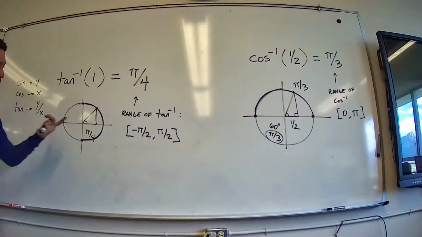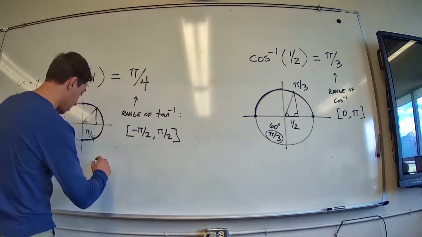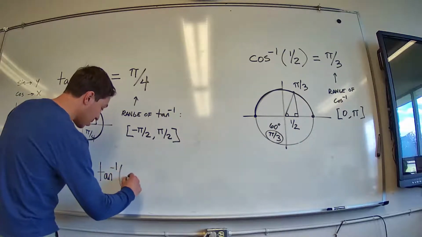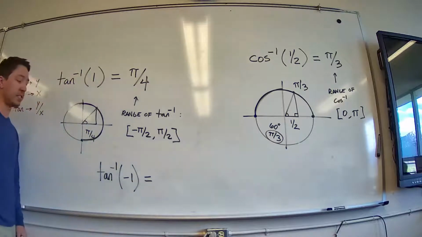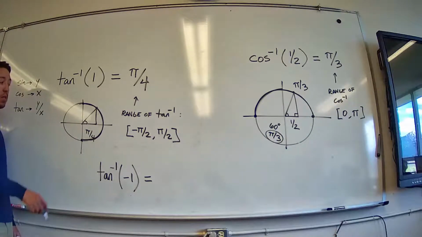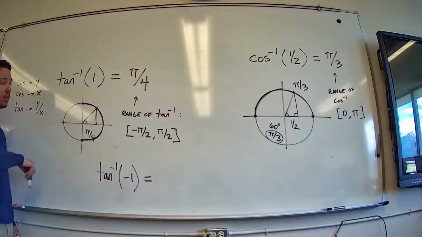It's important to know this because, if you're answering this question, what's the inverse tangent of -1? What's a tempting but wrong answer to that? 3 pi over 4, very good.